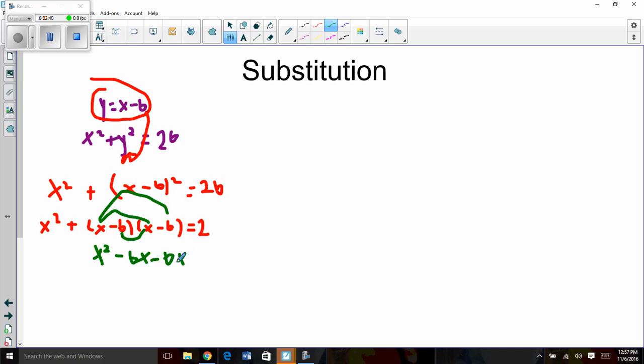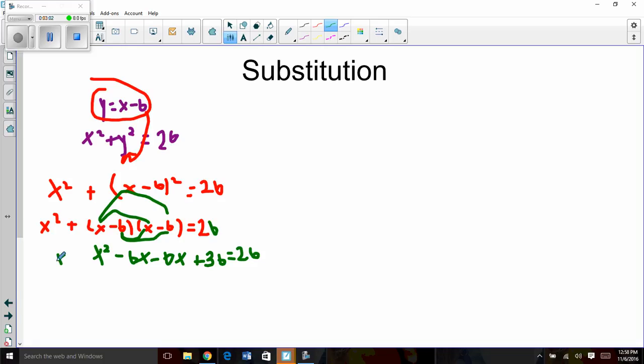And last terms, negative 6 times negative 6 equals positive 36. Oops, I forgot my 26. There's a 2 up here. Whoops. Just add that in. Alright, and we'll kind of just bring everything else down as well.